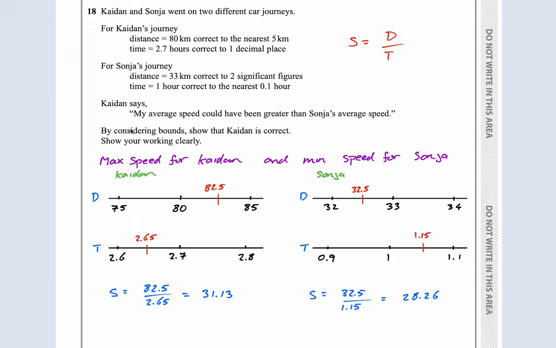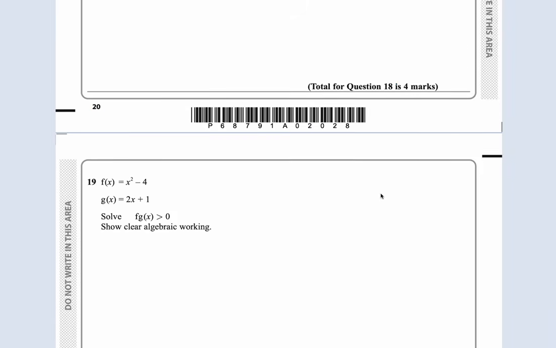Now, by considering bounds, show that Kaidan is correct: as 31.13 is greater than 28.26, Kaidan is correct. Okay, that's question 18.